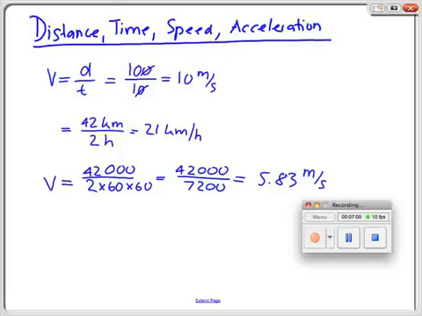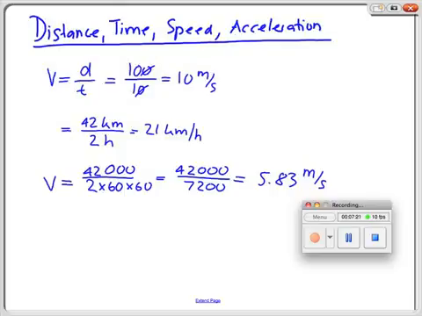Now sometimes I might want to find the speed in kilometers per hour, but what is given to me is something like minutes or seconds for the time, and the distance might be in meters. So in that case, I need to do the conversion just the other way around.